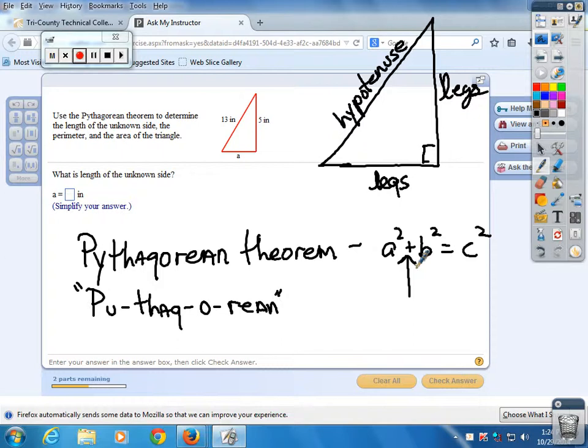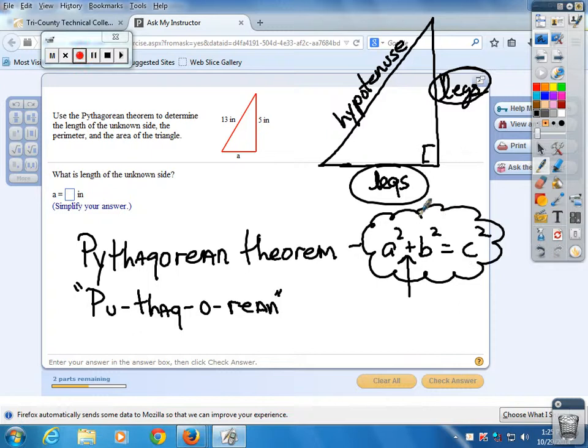So it doesn't matter which leg you call A or which leg you call B. The only thing that matters is if you know how to solve for C, or if you know how to solve for B. And we did that back in formulas, solving for a variable. So all you have to remember for the Pythagorean theorem is this right here. A squared plus b squared is equal to c squared.